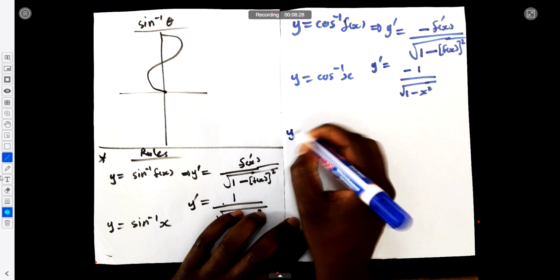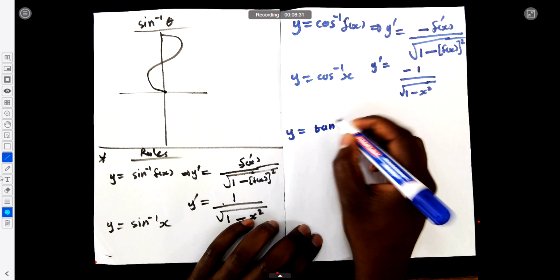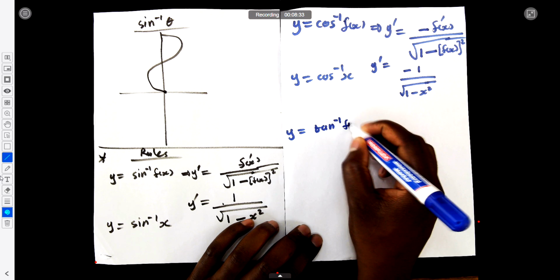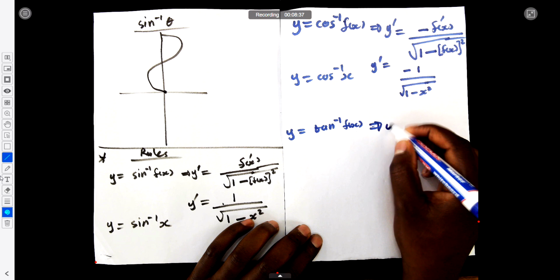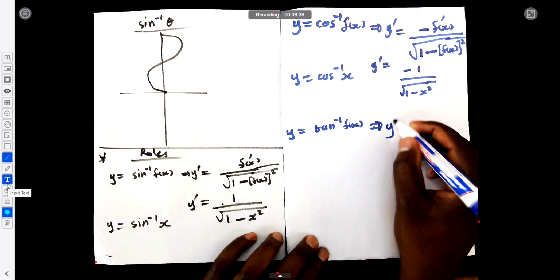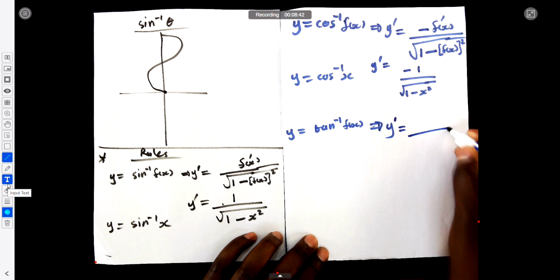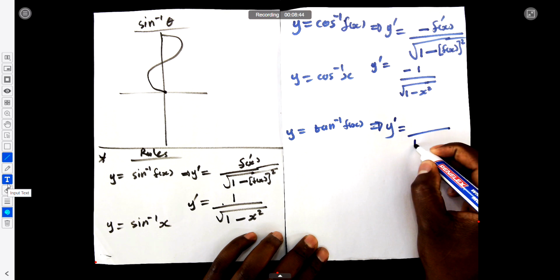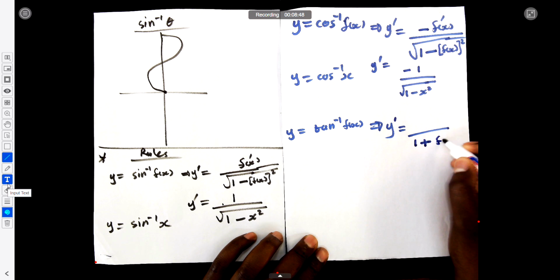So let's say we have y equals arctan f of x. The y prime, or dy over dx, is equal to... the rule is that we have 1 plus f of x all squared.